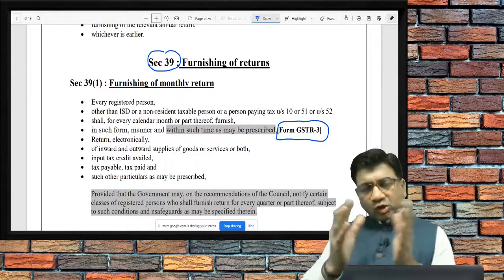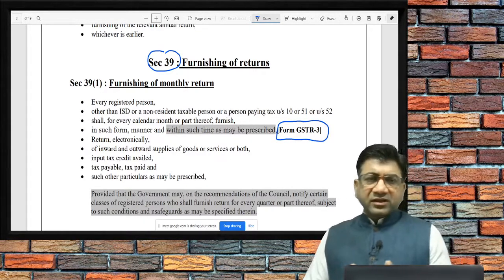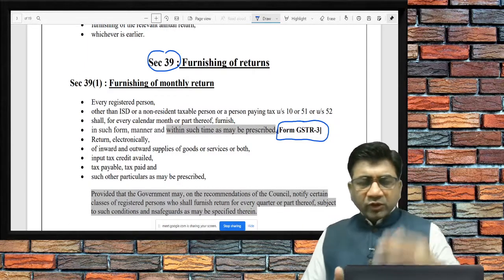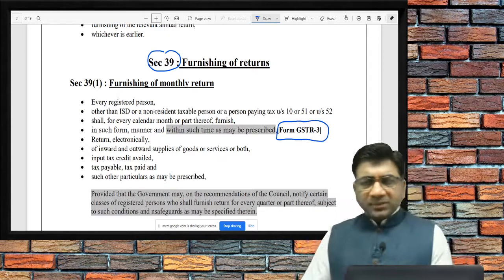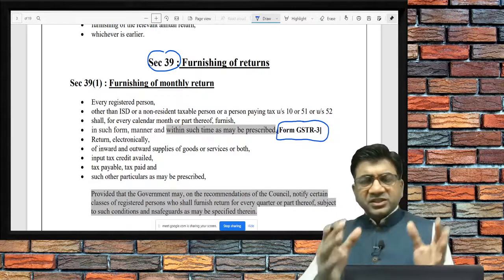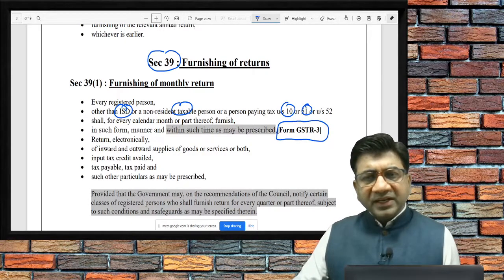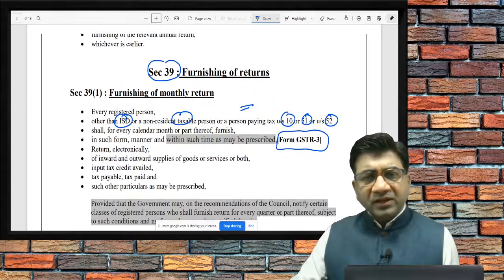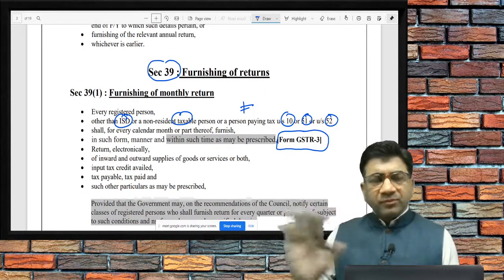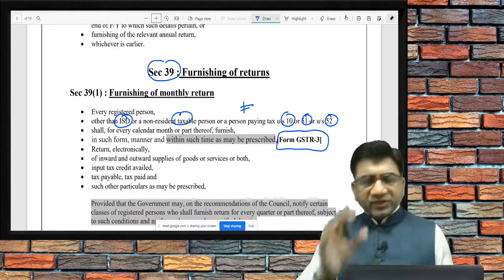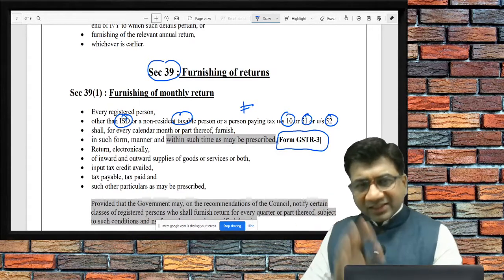That will be a consolidated monthly return where you correlate your purchases, your sales, your output tax, your input tax, tax payable. This will be a total sale and purchase return of a single person. Again, the 5 persons, ISD, NRTP, Compo, TDS and TCS, are not liable to file. So a CTP will file 1, 2, 3 as per the legal concept which was introduced. But now, what is the practical position?